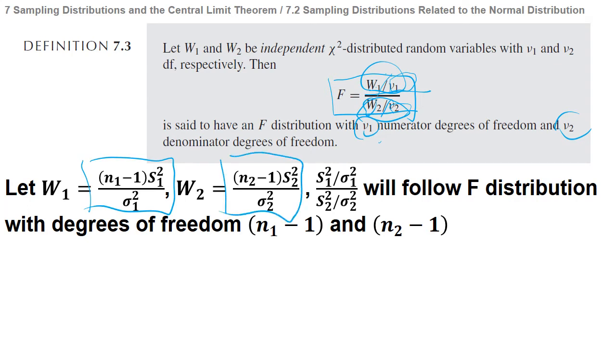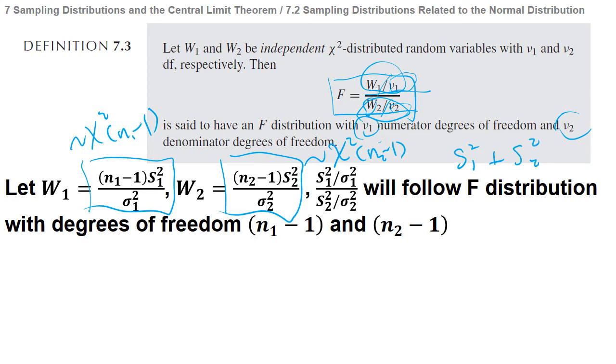So let's define our W1 this way and W2 this way. We know that W1 follows a chi-square distribution with N1 minus 1 degrees of freedom, and W2 follows a chi-square distribution with N2 minus 1 degrees of freedom. Since all the samples are independently sampled, S1 square and S2 square are independent.